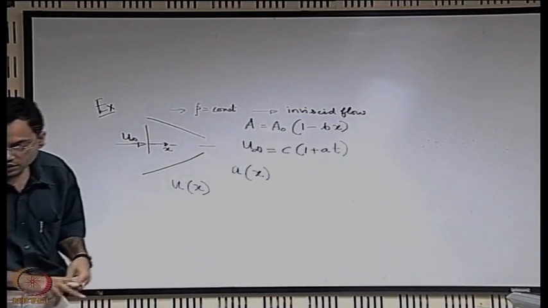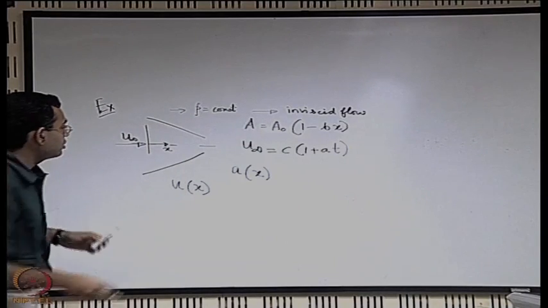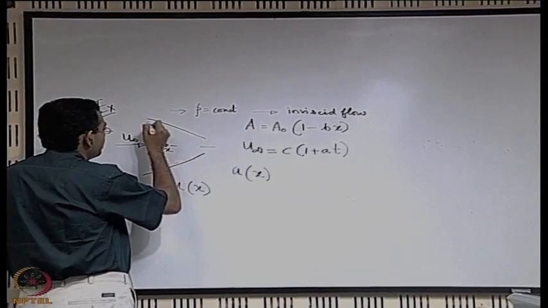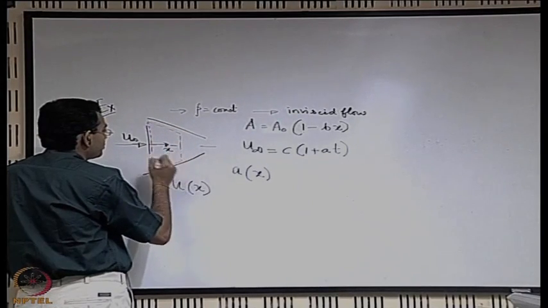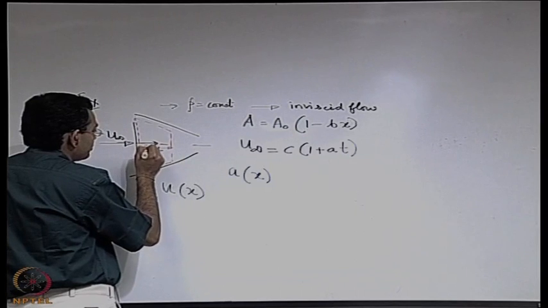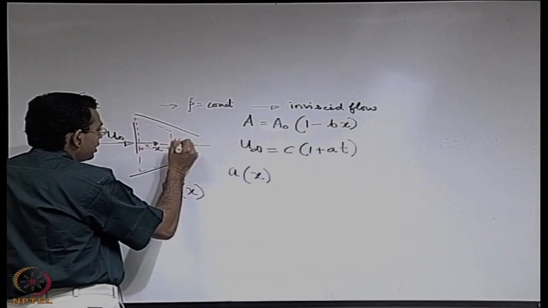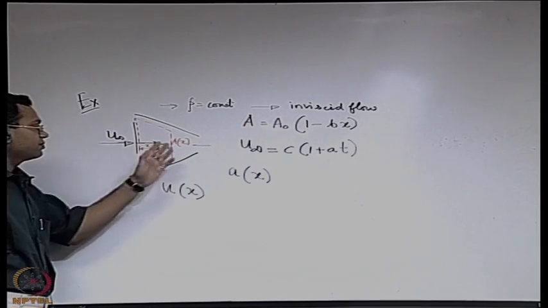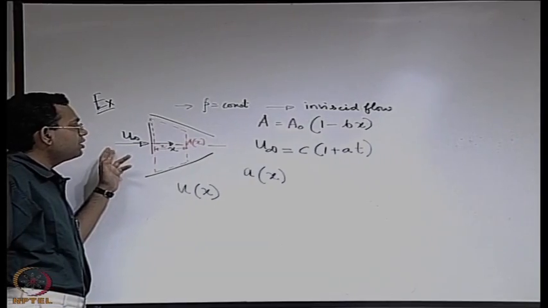So, if you take a control volume like this one, maybe where say this distance is x. So, here the area A is a function of x, and how do you express u infinity in terms of u at x?